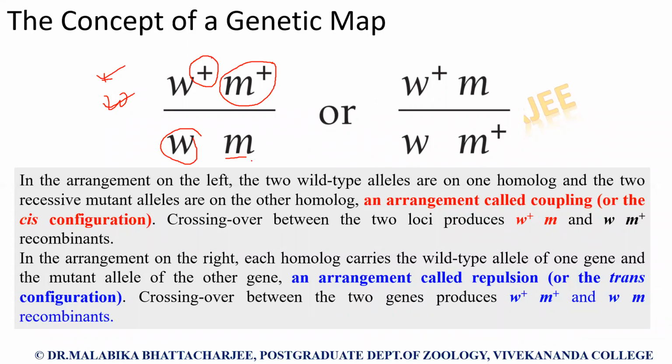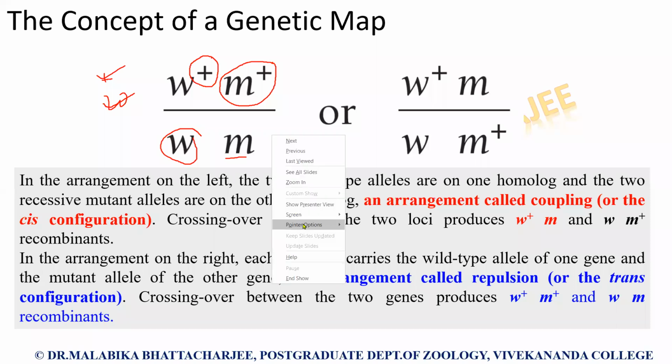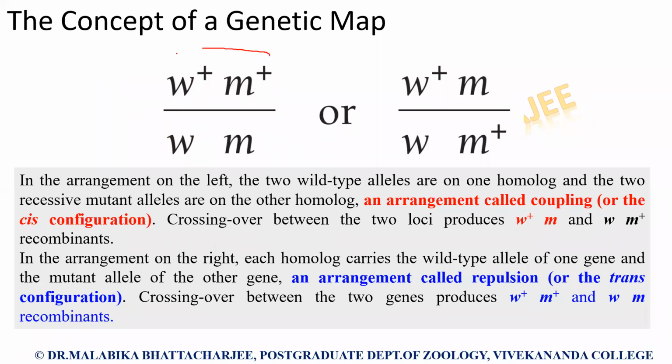If you look particularly at this left side picture, you can see both the wild type alleles are present in one homologue and both the recessive mutant alleles are present in the other homologue. This arrangement is called coupling or cis configuration.